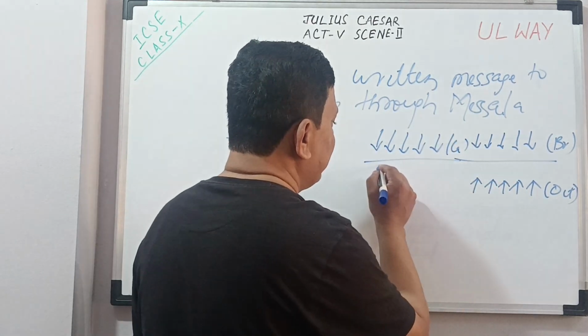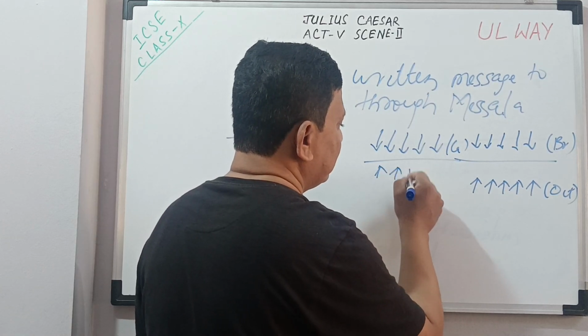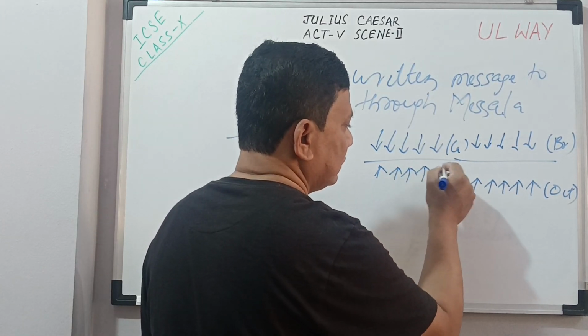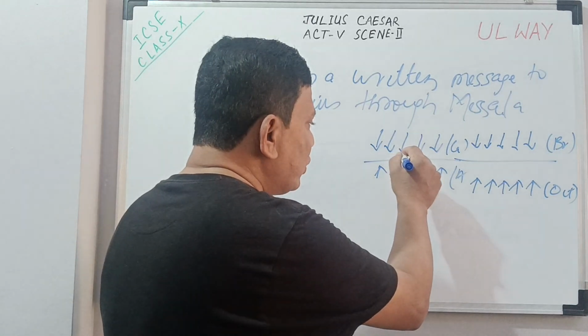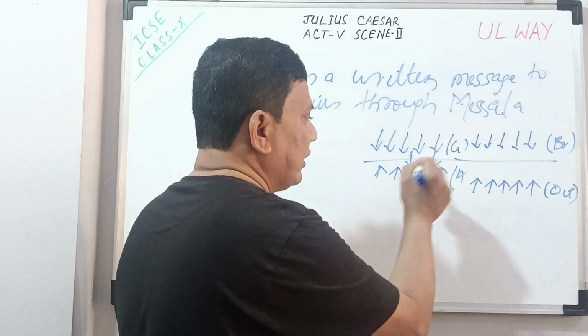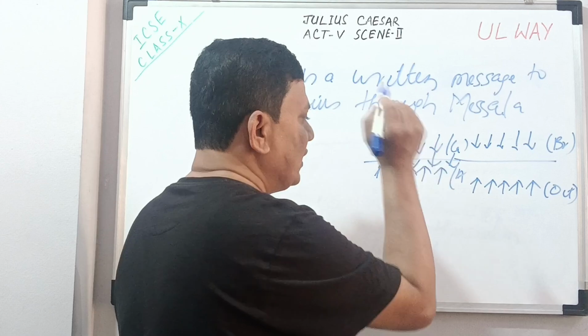And this is Antony's wing. What would have happened? This should have moved straight, like this. This should have moved in this direction.